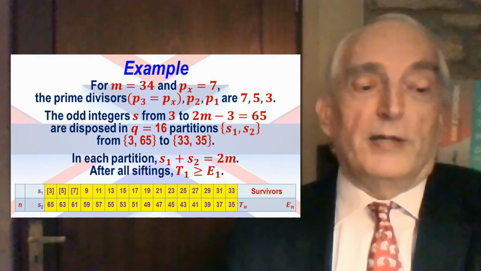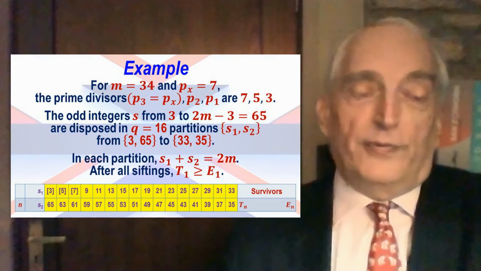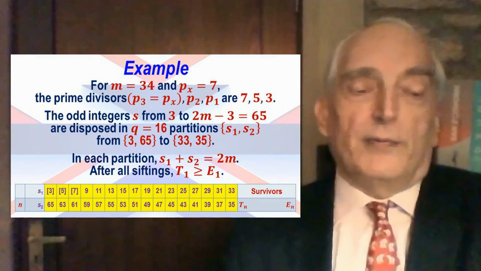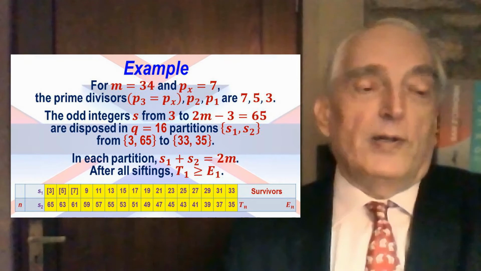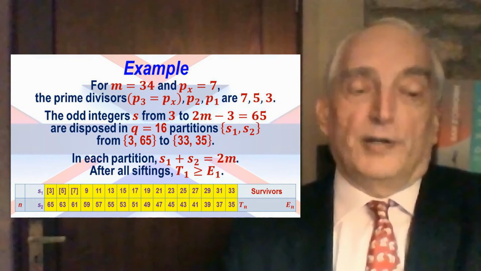Let's take an actual real-world example. Let m equal 34, as we saw before, and px then equals 7, and the prime divisors are then 7, 5, and 3, which we apply successively, using each of them to sift the partitions.